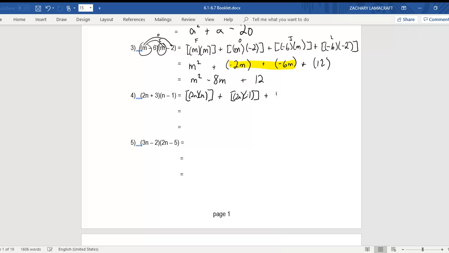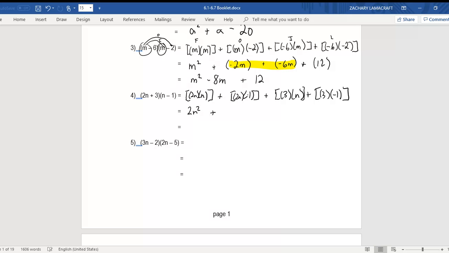What would be our insides then? Positive 3 and n, awesome. And then the outside, or sorry, the lasts would be? Awesome, perfect. Thanks, Jay. So 2n times n is 2n squared.